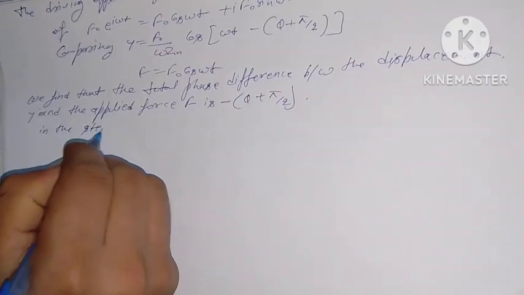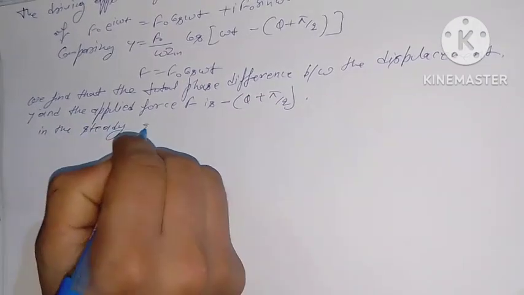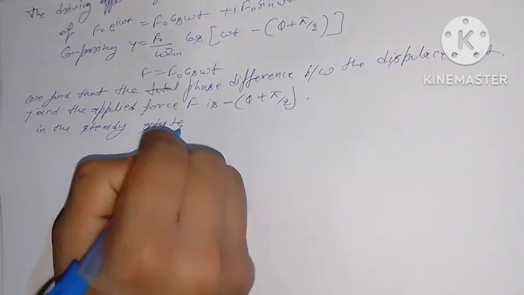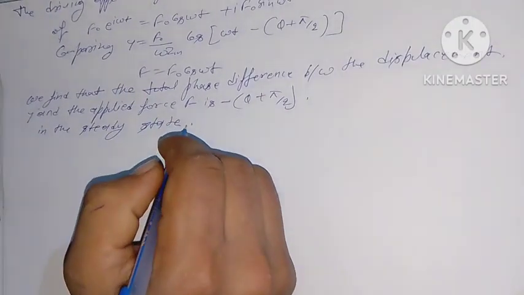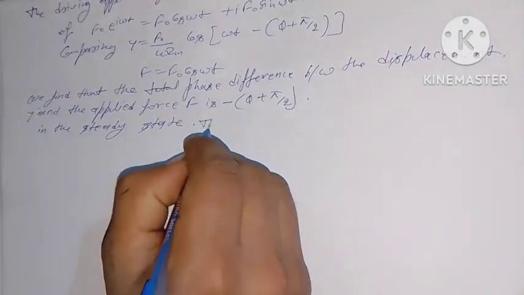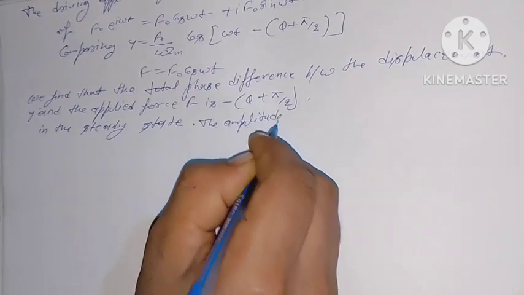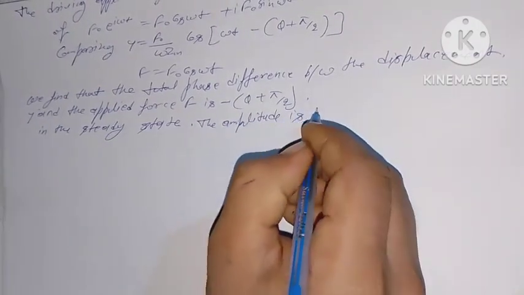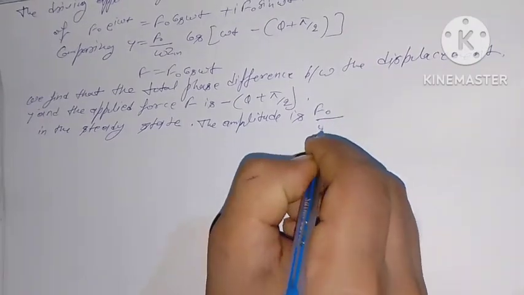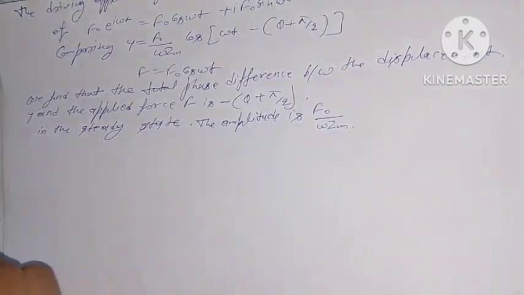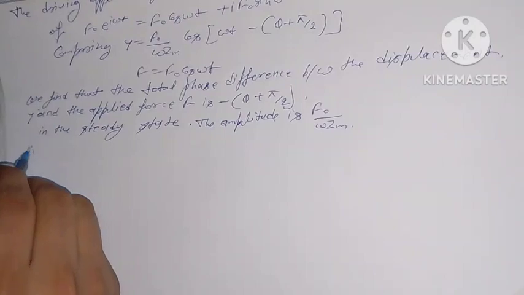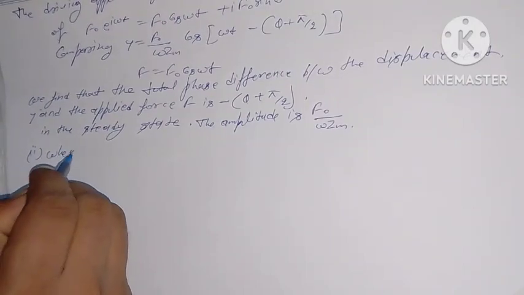Okay, in the steady state, the amplitude is F₀ / (ω Zₘ).